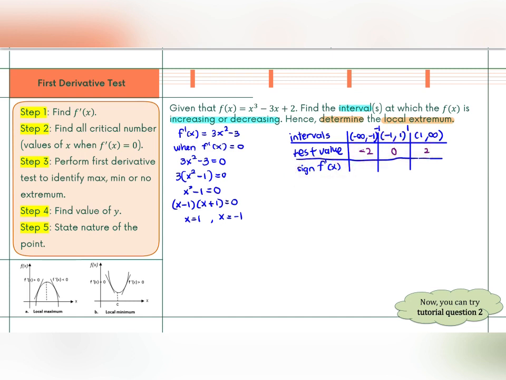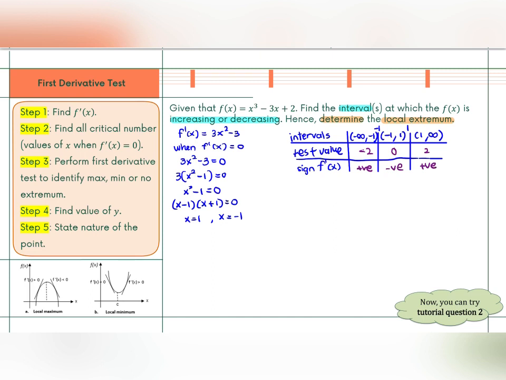So, bila gantikan f prime negative 2 dalam this equation, when x equals to negative 2, kita dapat positive value. Okay. So, our sign here will be a positive. Bila gantikan kosong, kita dapat negative. Dan bila gantikan 2, kita dapat positif.